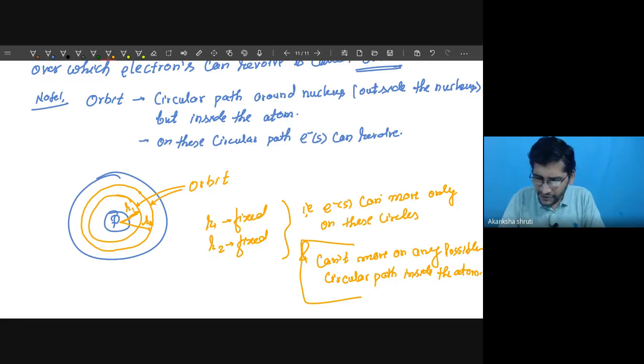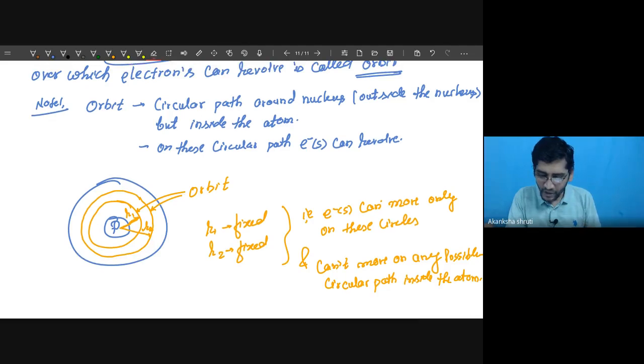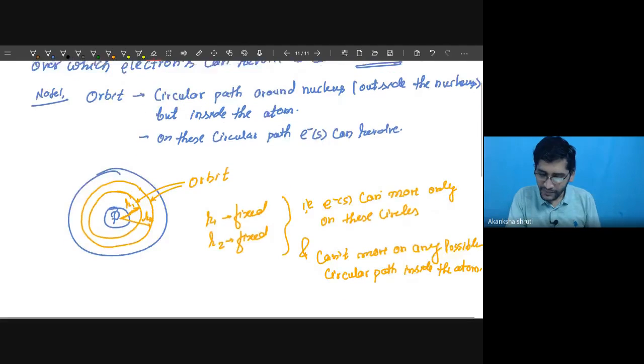As per Rutherford, only a circular path is there. On any circular path, the electron can move. But Rutherford did not give the concept of a fixed path. But Bohr gave the concept of a fixed path.